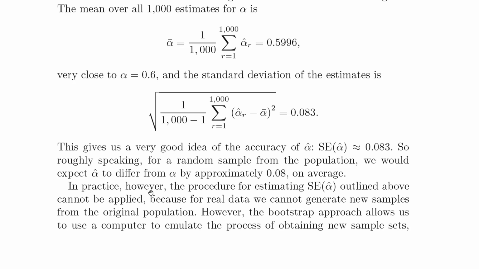Now, in practice, the procedure for estimating the standard error of alpha hat outlined above cannot be applied because for real data, we cannot generate new samples from the original population.